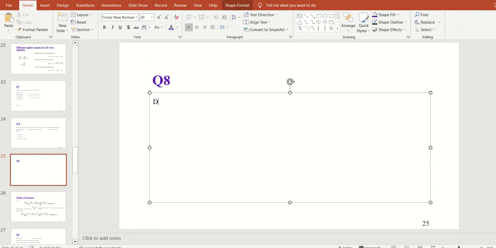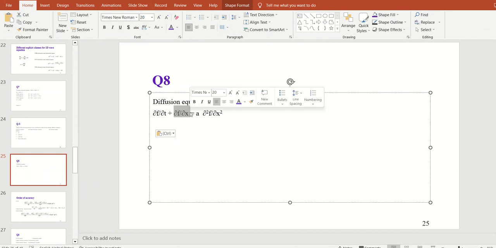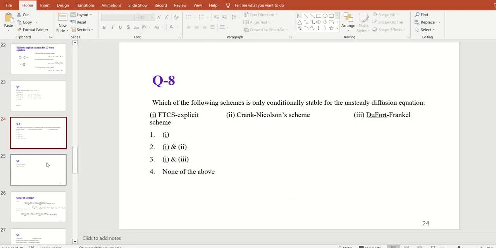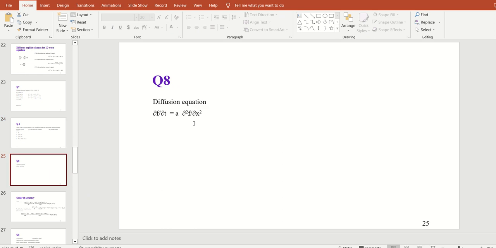So the diffusion equation is given by this, where this term becomes 0 for the diffusion equation. That previous one was the one dimensional scalar transport equation. For the diffusion term, that advection term becomes 0 and this term remains. So what are all the things that are given? FTCS explicit, Crank-Nicolson, Dufort-Frankel scheme.